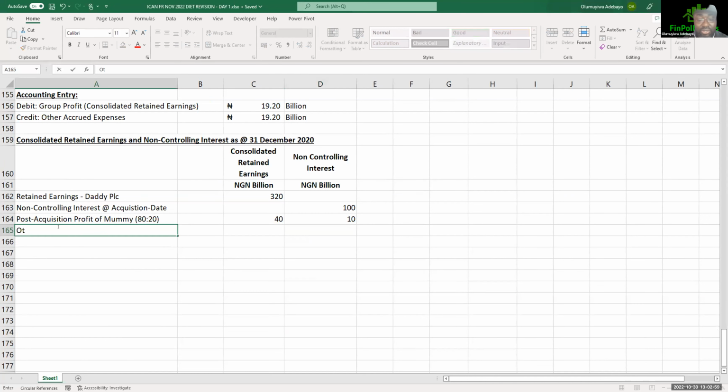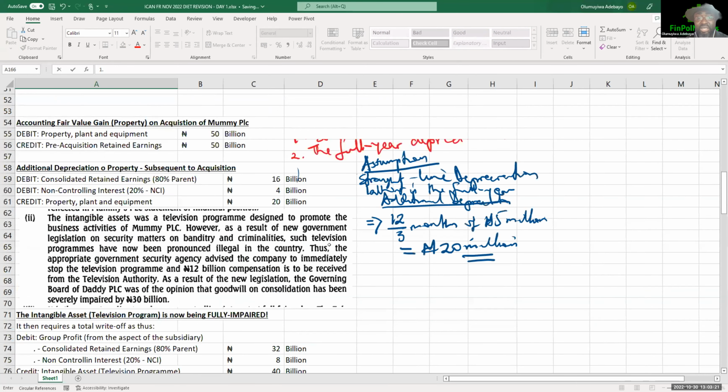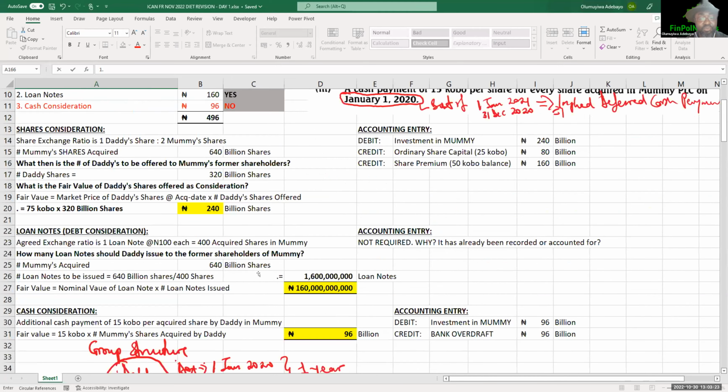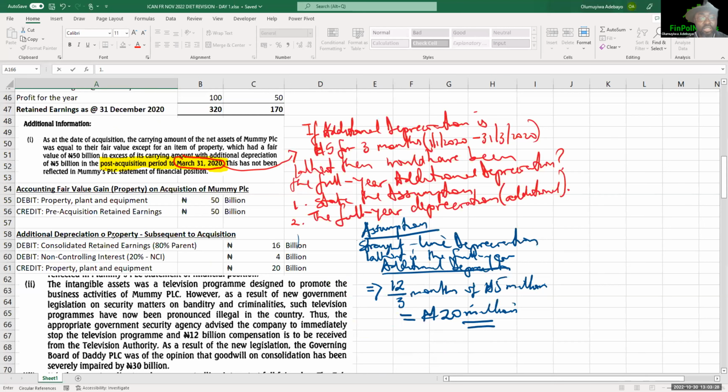Now, other adjustments. What are the other adjustments? One, we'll follow step by step so that we don't miss anything. Additional depreciation, you can see it here.